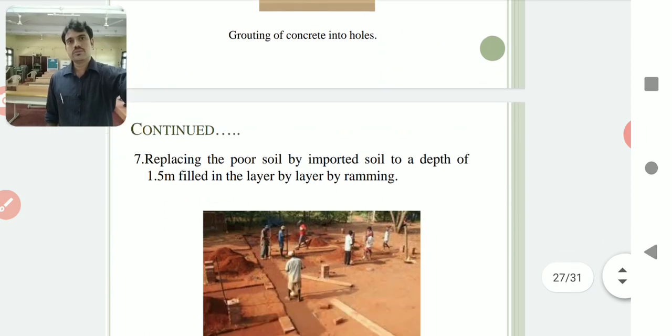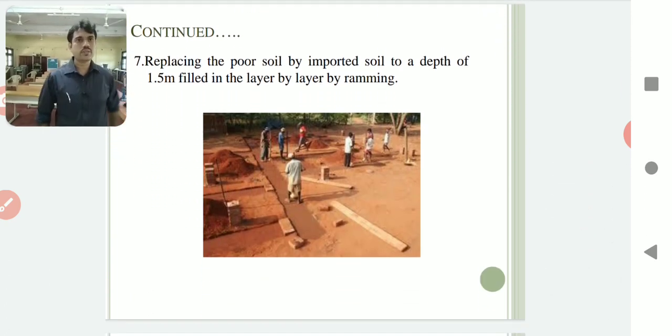So next, the seventh one is replacing the poor soil by imported soil to a depth of 1.5 meter, filled layer by layer by ramming. This is quite natural, we prefer this. If the soil property is not good, then definitely that soil is replaced by imported, very good soil.